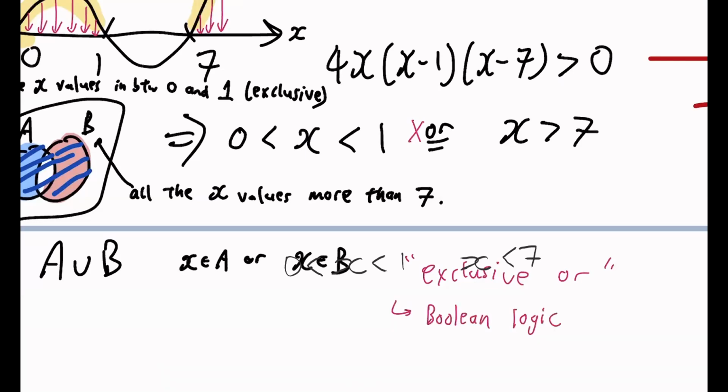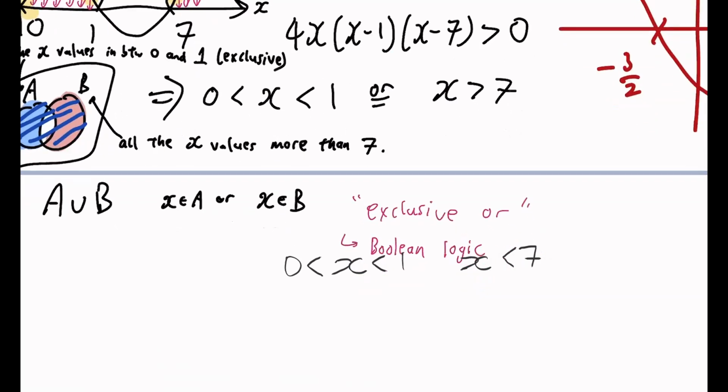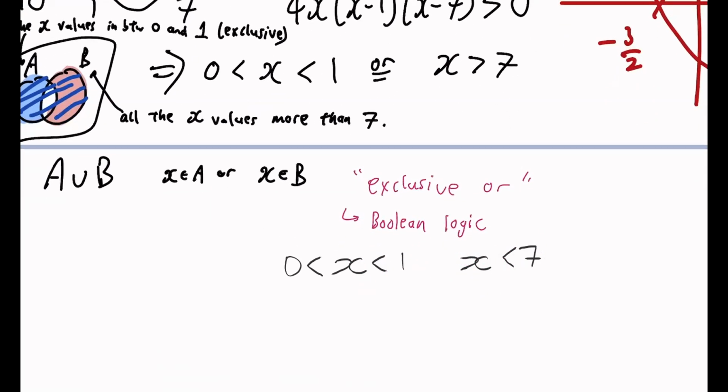You can go and Google this. If you do programming, you'll learn this, the true and false thing. Technically it's exclusive OR, but for all practical purposes, for exam, just put OR. Don't need exclusive OR. I'll just put an x there, in brackets.